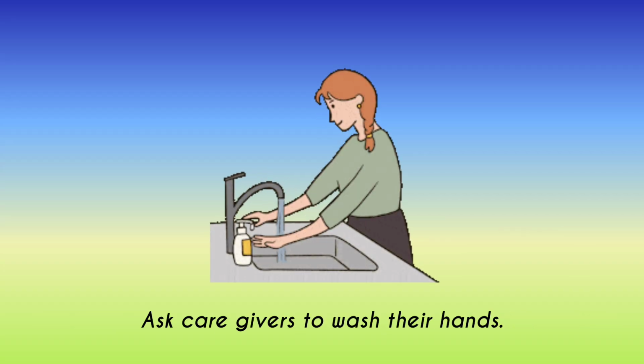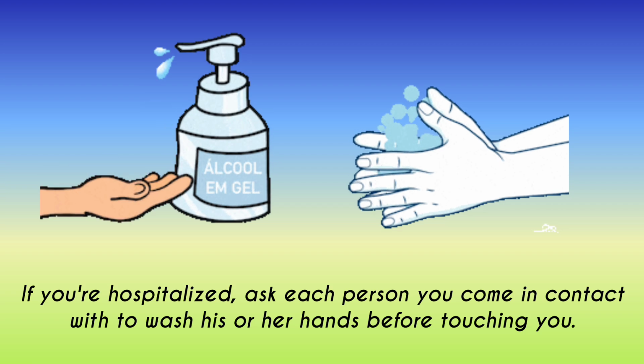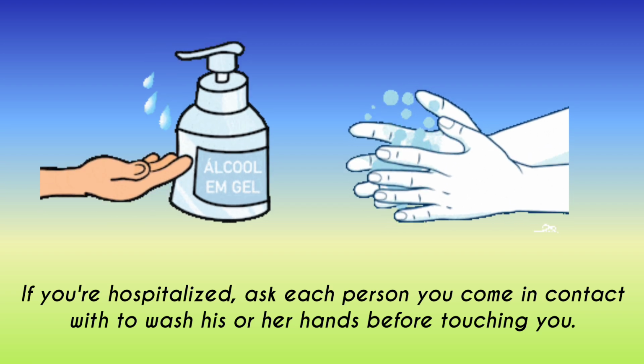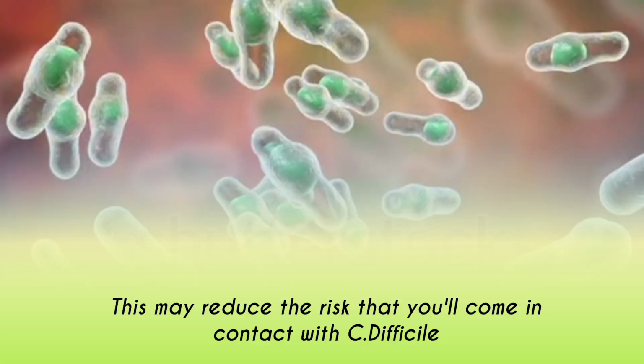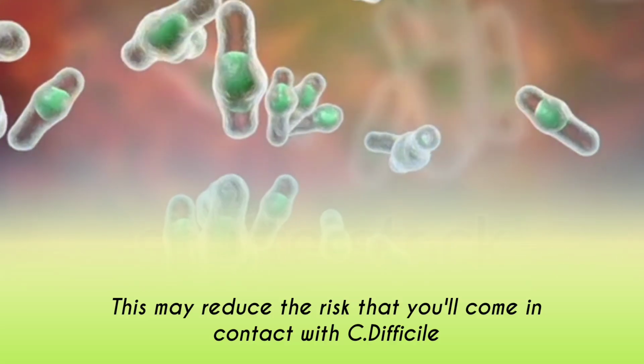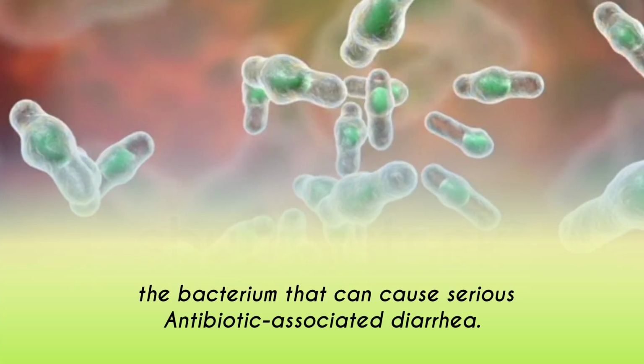Ask caregivers to wash their hands. If you're hospitalized, ask each person you come in contact with to wash his or her hands before touching you. This may reduce the risk that you'll come in contact with C. difficile, the bacterium that can cause serious antibiotic-associated diarrhea.